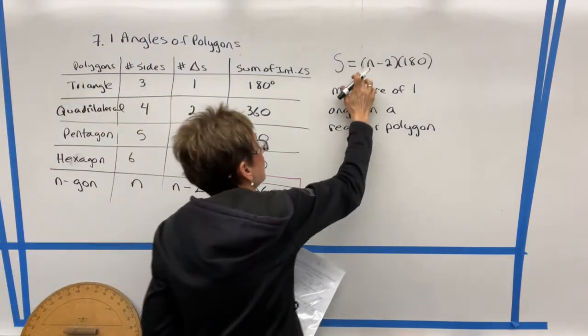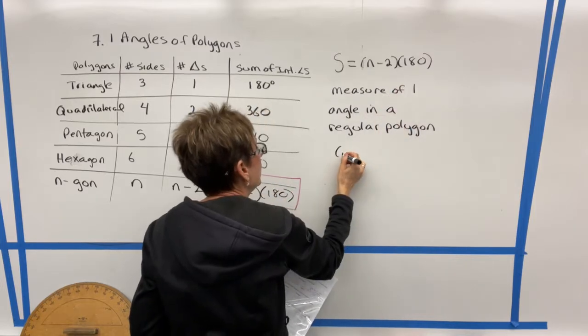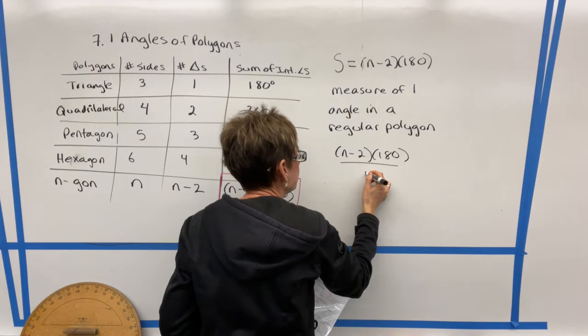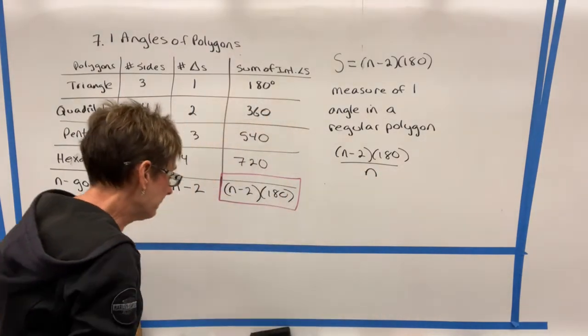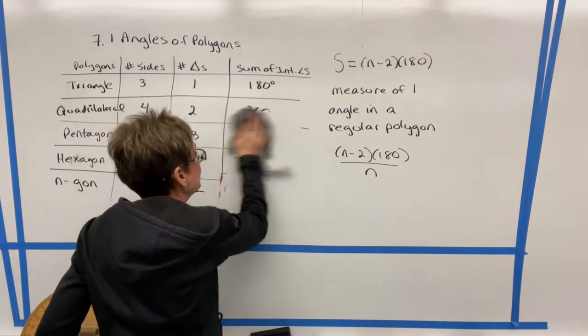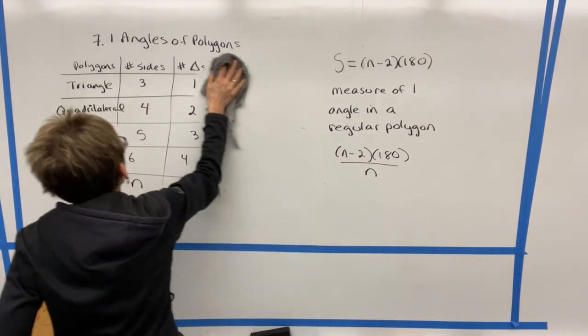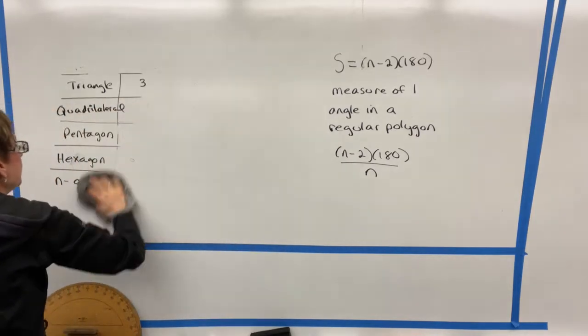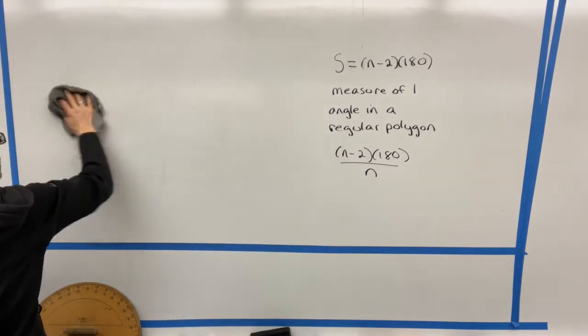So we would just take this formula right here and divide by how many sides we have. Now, I'm gonna leave those 2 formulas up on the board for you, and then I'm gonna do a couple examples with some actual numbers to make it a little bit easier for you to see what's going on here.